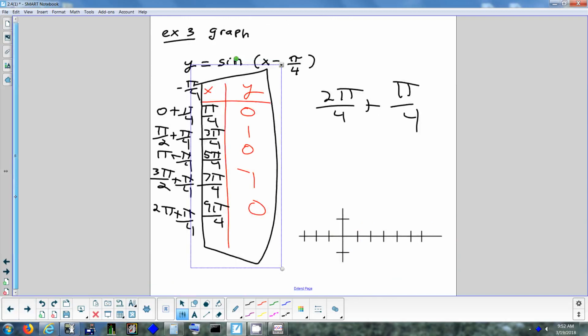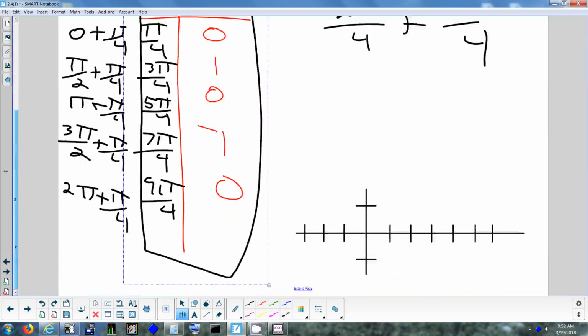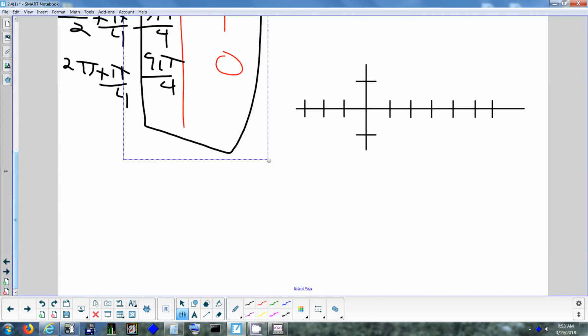So let's set up our graph and see what happens. So I'm going to put pi over 4 as the first one. Now, to make this a little simpler, I'm going to do it in degrees below so you can see what's happening. Pi over 4 is 45 degrees.